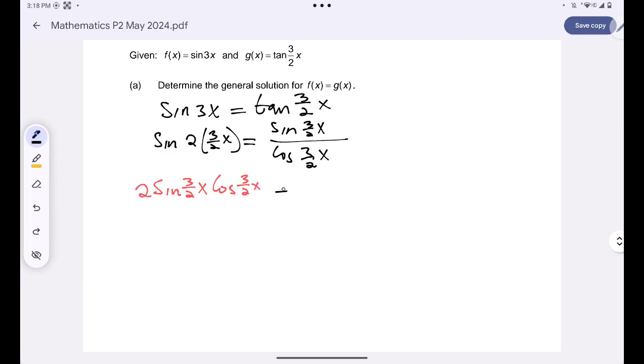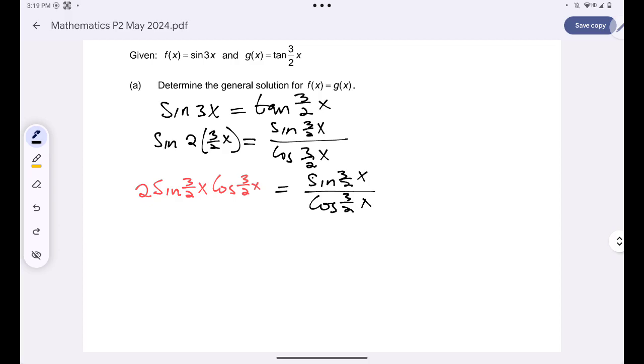This is equal to sine 3 over 2x all over cos 3 over 2x. I'm trying to solve an equation here and I have fractions. The first thing I need to do is to remove the fractions, right? By multiplying everything by the LCD. But please remember that, guys, there must be a restriction.